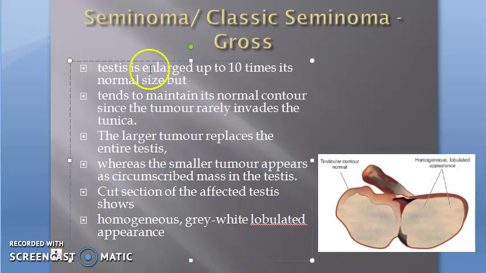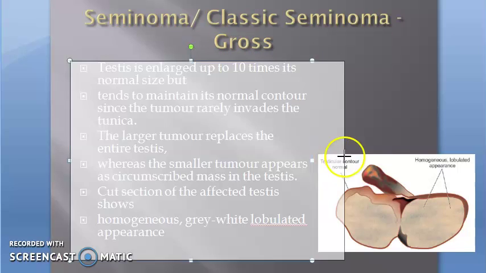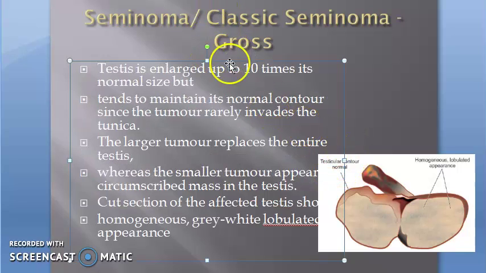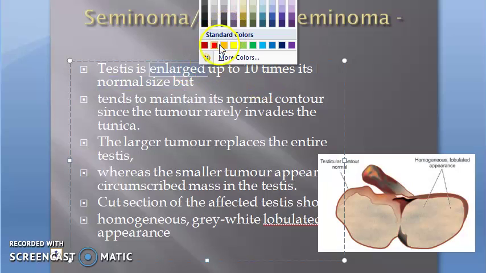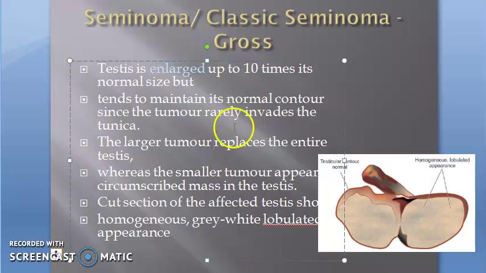Starting with the gross. The testis is enlarged to 10 times the normal size. Is this color okay? 10 times the normal size. It tends to maintain normal contour.